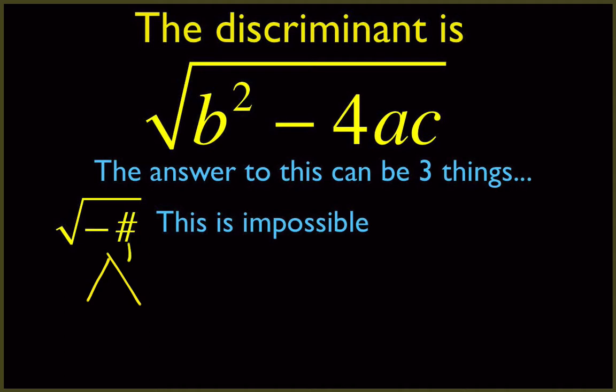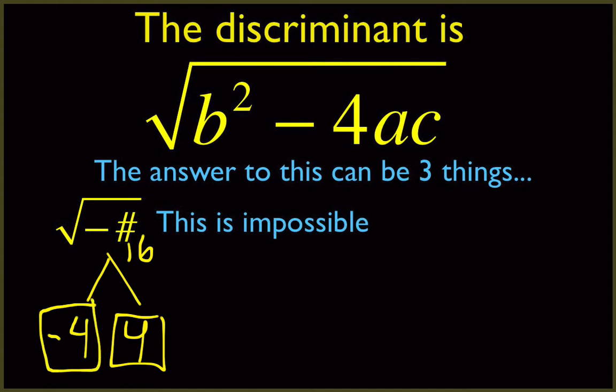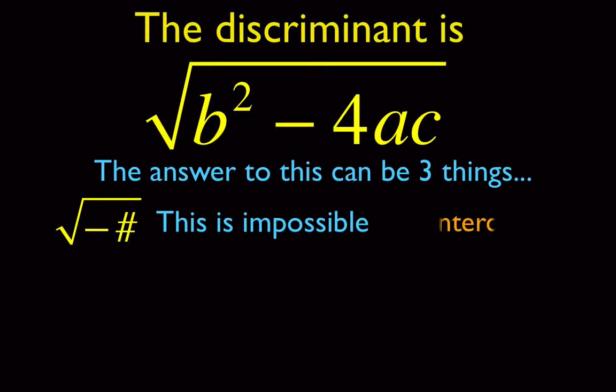For example, if it's negative 16, you might think, oh, 4 and 4, or negative 4 and negative 4. Well, that turns into a positive. If I take away the negative signs, it's positive again. So you'd have to have one of each, but you can't do that. That's not how a square root works. We're looking for the same number in both of these spots. So therefore, that means it has no x-intercepts.